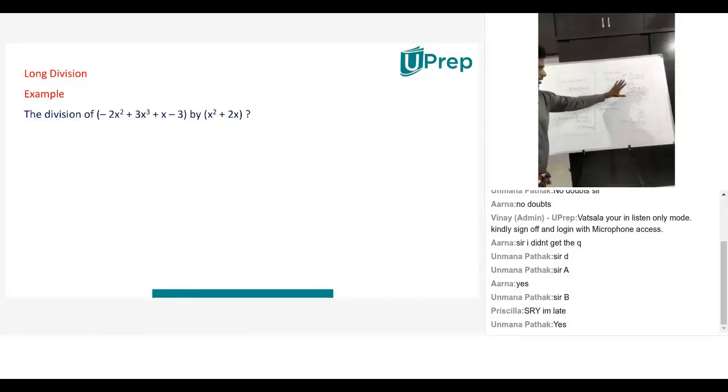If you are not clear with this, first note down this example, then write on the basis of this. You don't have to write all of this. This is just for your explanation. Here we are doing the same concept in terms of polynomials. But you can copy this formula. This is important. Dividend is equal to divisor into quotient plus remainder. You can note down these workings. This is just for your information.